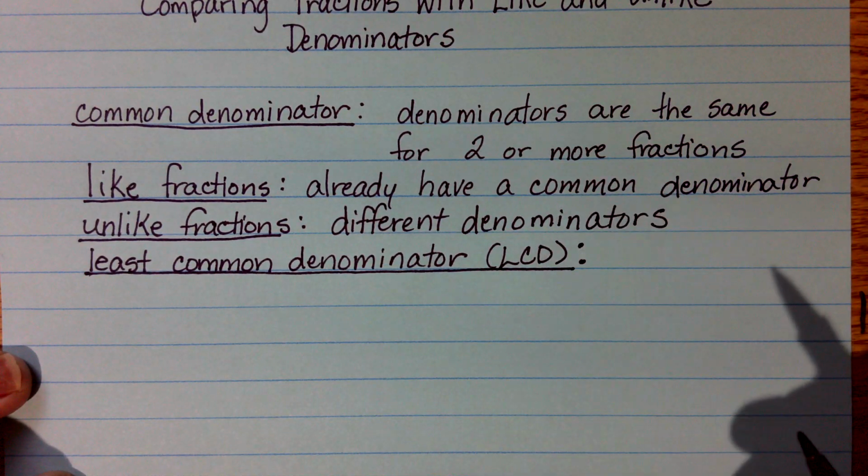The least common denominator is the smallest whole number divisible by each of the denominators of two or more unlike fractions.